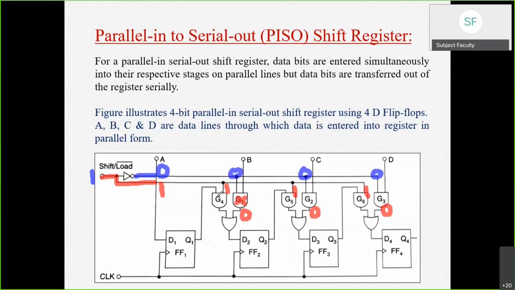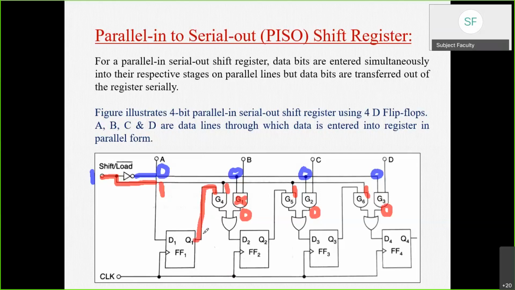Okay. Now, if you observe G4, G5, G6, one of the inputs is 1. That means the output of this G4, G5, G6 will be simply the other input. So if you observe, the other input of G4 is nothing but Q1.